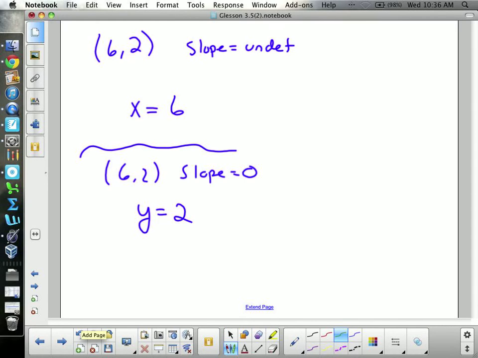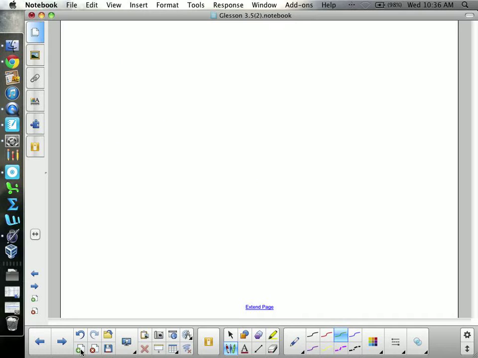So with that, let's see if we got that. I'm going to do point negative 7, negative 1, and slope is undefined. What's the equation going to be? x equals negative 7, the x-coordinate. Undefined is always an x equals.